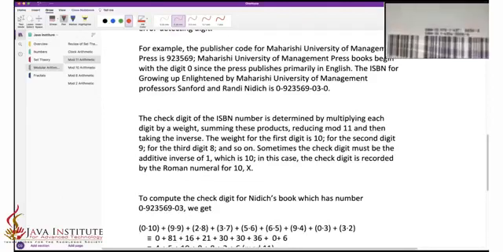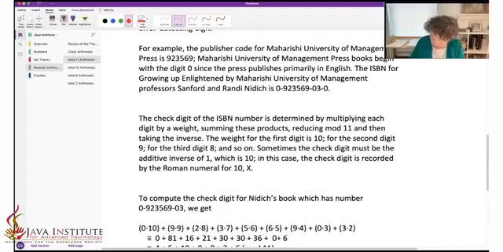Now, they started having 13 digits, but I'm just going to look at the 10-digit number, and I'm going to copy it here. Let's just go right here.